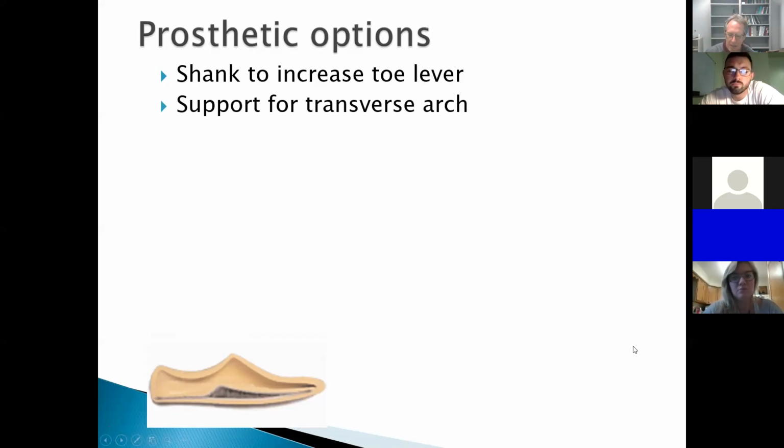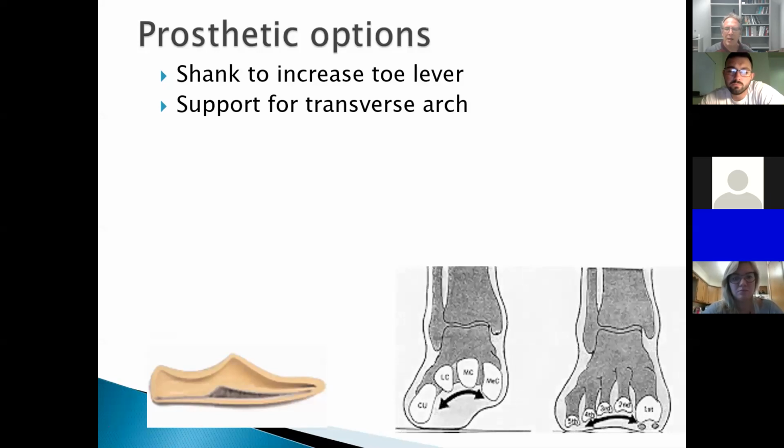Support for the transverse arch is also something that is pretty important with patients with this type of amputation, because here in this diagram, what you see is actually an amputation that would have taken place at the Lisfranc joint.